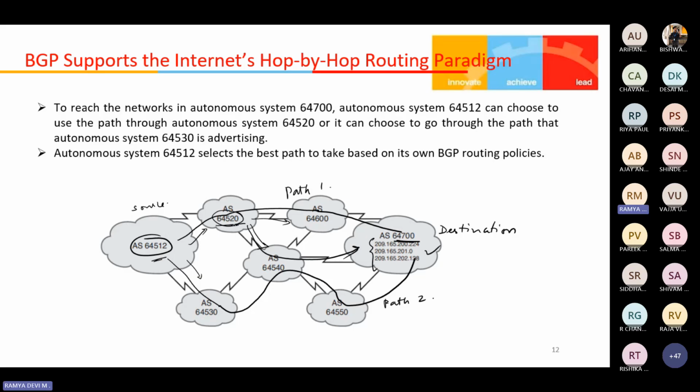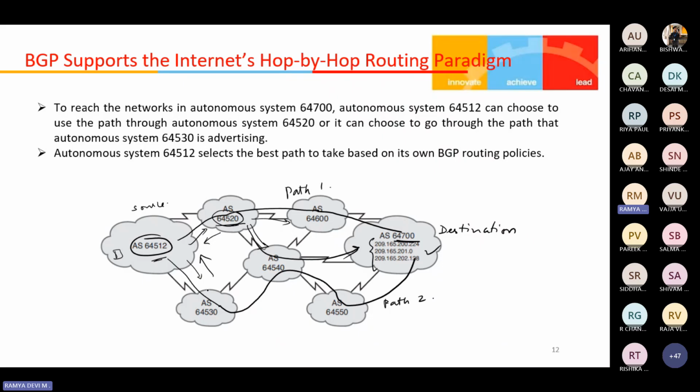64520 will advertise its path to 64700. 530, 540, all these will also be advertising the information to 64700. So when a system which is part of this autonomous system wants to send information, it will be receiving the advertisements from both the autonomous systems, 64520 as well as 64530.